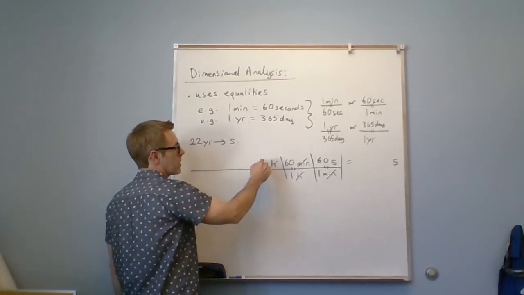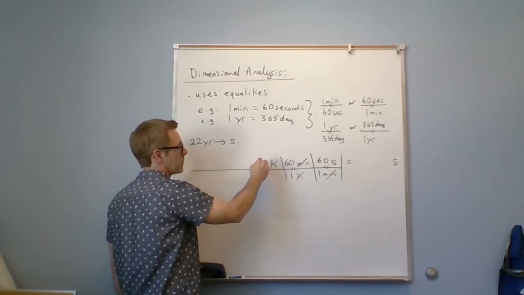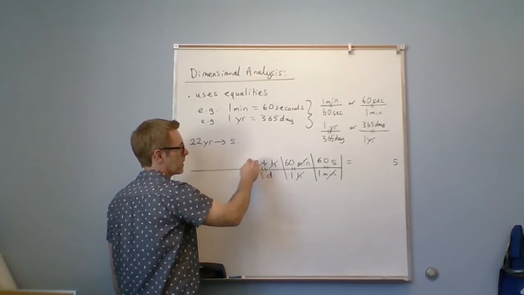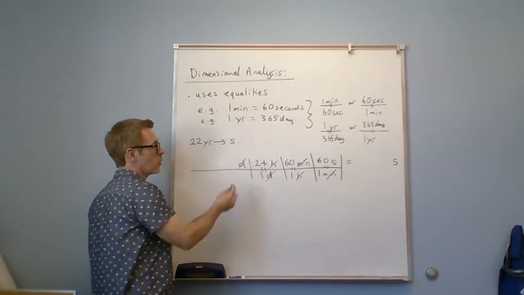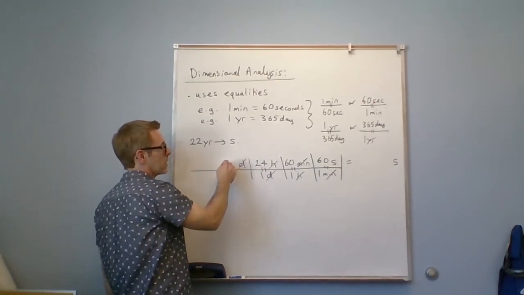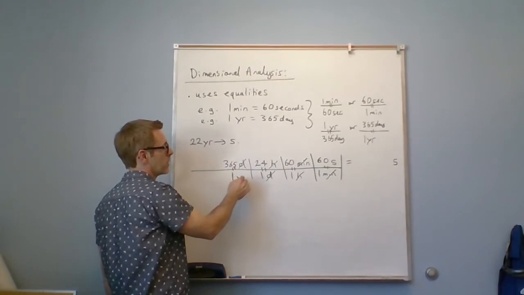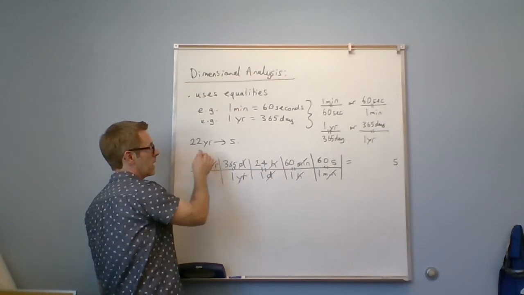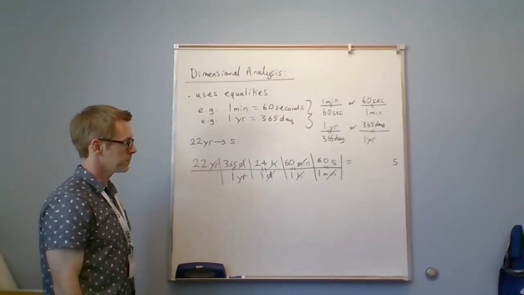I know that there are 24 hours in a day. 24 hours is equal to 1 day. I put day up here. I know that there are 365 days in 1 year. So I put year up here. And I'm interested in 22 years.